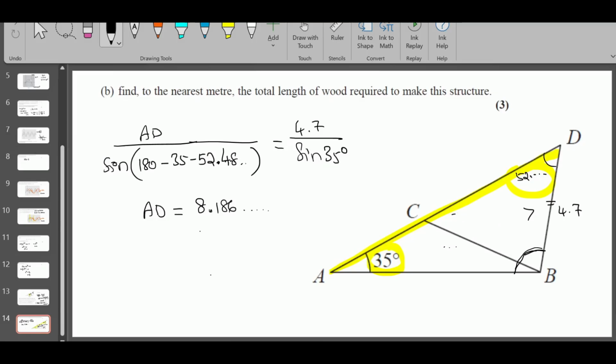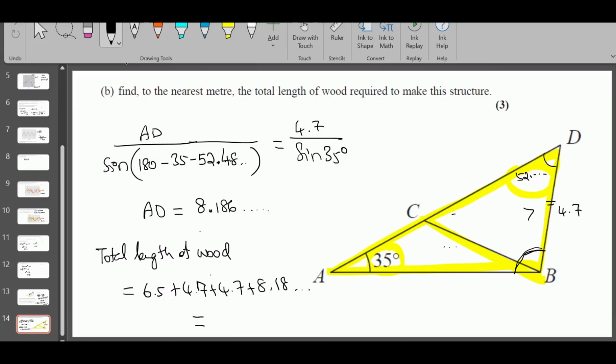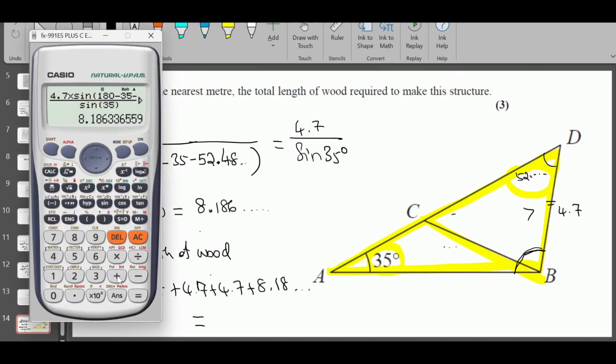So to find the total length of wood, it is equal to 6.5, that's this one, 4.7, 4.7, and the one we just calculated, add everything. So plus 6.5 plus 4.7 plus 4.7.